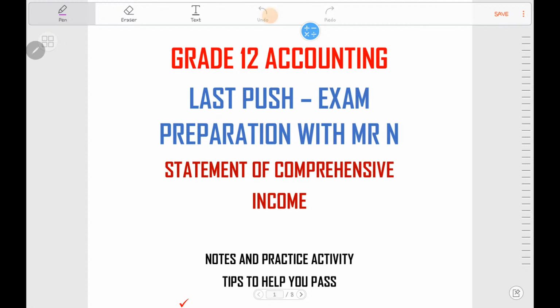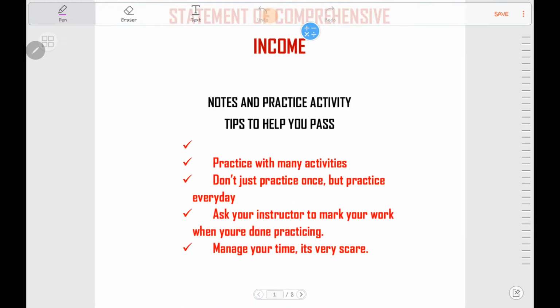Okay, now for the night, we'll be focusing on the statement of comprehensive income. I believe that by now some of you are familiar with the topic that relates to the statement of comprehensive income.